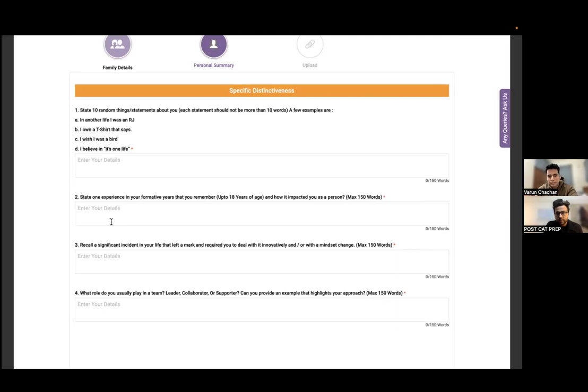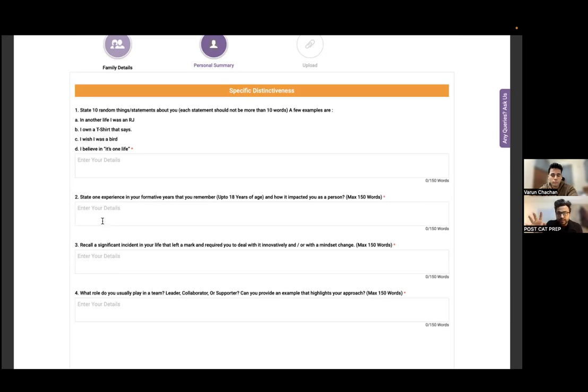It can be an ethical dilemma also, which we have practiced in our HR rounds. So we can come up with any actual personal scenario that happened to us in our younger years, and we can put in our learnings also. Like in the interview, they can maybe ask us, what did that scenario teach us? So we can relate it from a learning point of view.